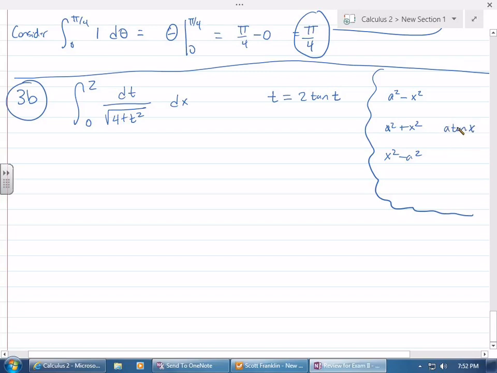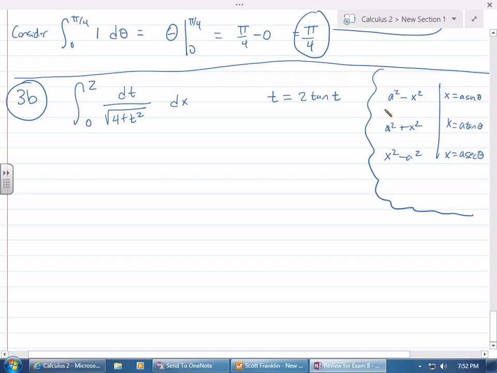The top one is a sine theta. The bottom one is a secant. You let x be a tangent, and the top one be a sine, and the bottom one be a secant.